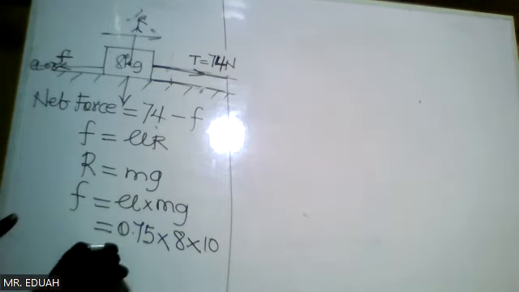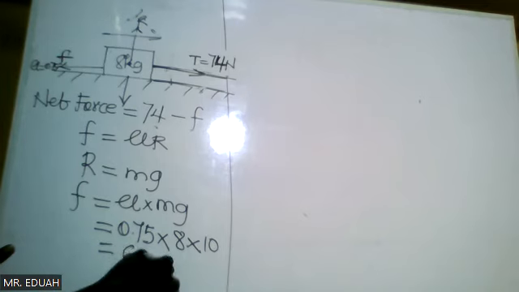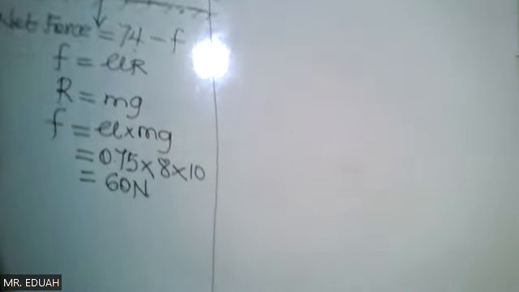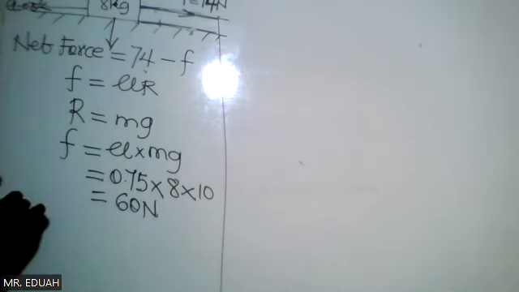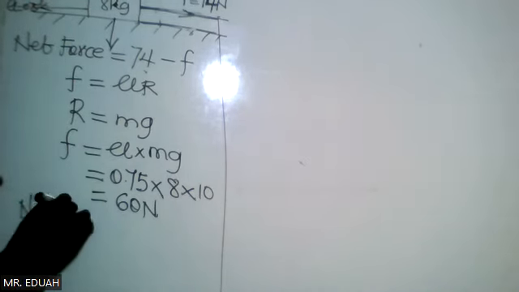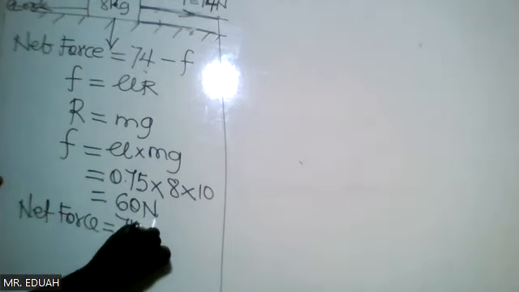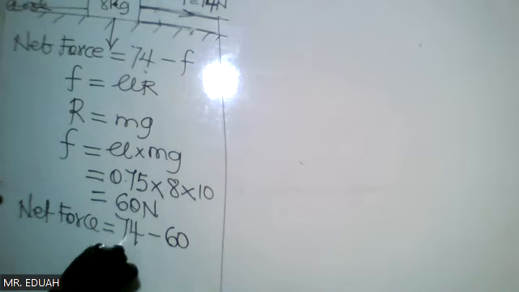So we have 60. The frictional force is this. Therefore, the net force is equal to 74 minus 60, which is equal to 14.